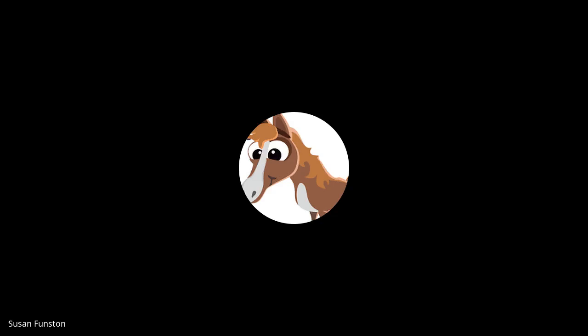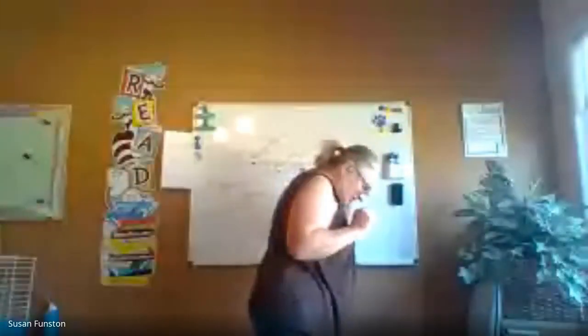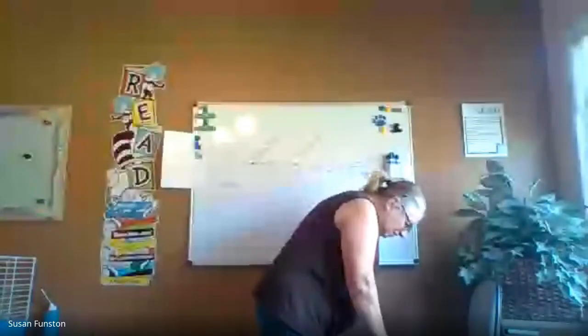So here I have 5 minutes, here I have another 5 minutes, another 5 minutes, and here I have another 5 minutes. So let's count by fives. 5, 10, 15, 20. So how long is recess? Very good. 20 minutes.